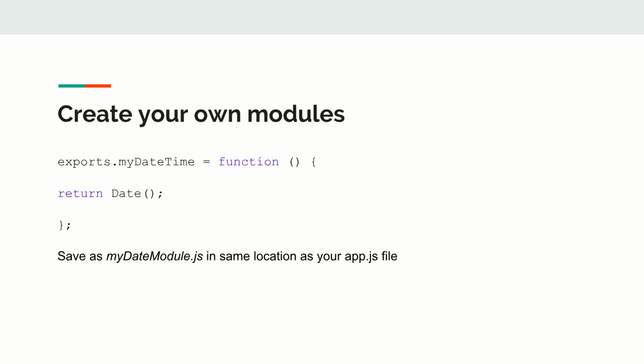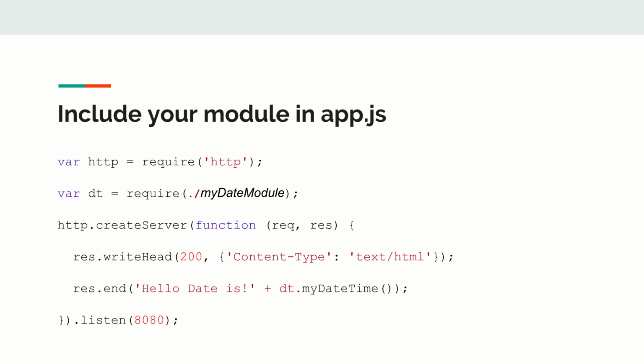You just type these 3 lines and then you save the file as my date module or whatever you want, in the same location as your app.js file, and then let's import that file in your script app.js.